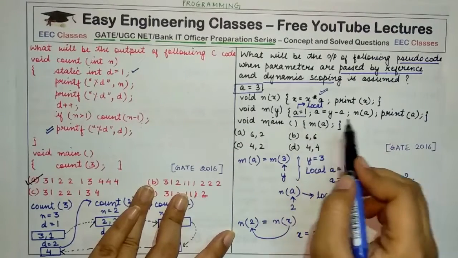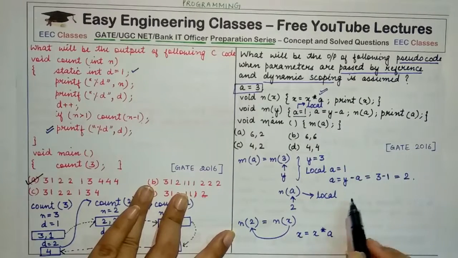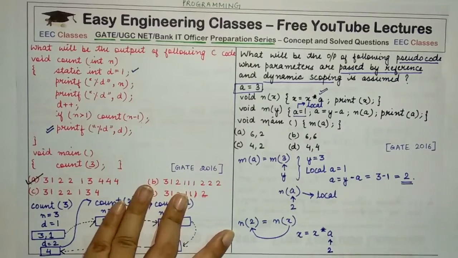Since a was defined there and the value of a was 2, it will use the value of 2. And secondly, x currently has the value 2 again, which was passed to it. So the new value of x becomes 4.